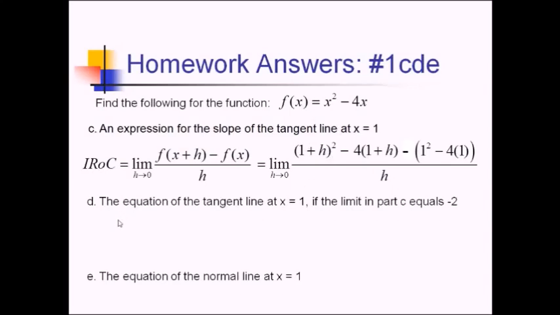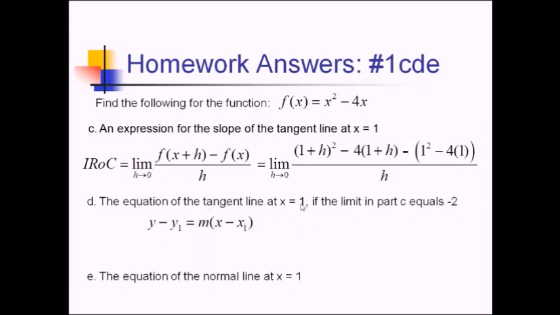Now, on this next part, the equation, we want the equation of a tangent line at x equals 1 if the limit in part C equals negative 2. So they're already giving you the limit of all this stuff, so you can use it on the next problem part. So using our point slope formula here, we've already got the m value. It's the negative 2 that they just gave us here. We need an x1 and a y1 though.